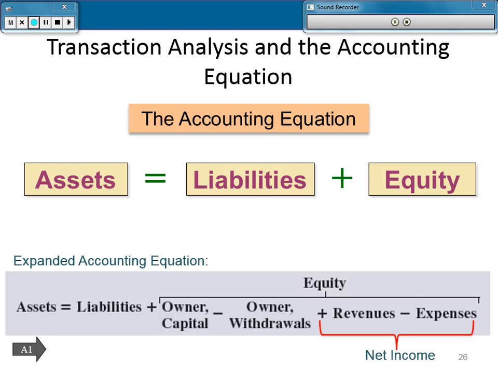For instance, liabilities are short term, meaning they have to be paid within 12 months, no more. Something like bills.